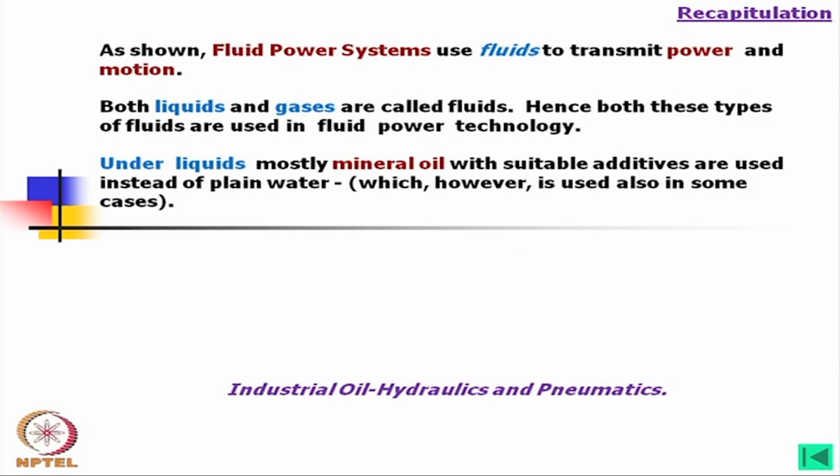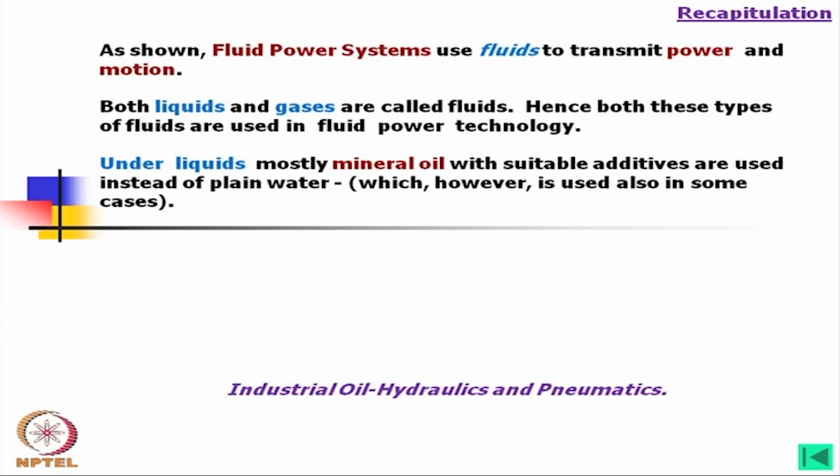Under liquids, mostly mineral oil with suitable additives is used instead of plain water, which however is also used in some cases. Nowadays, in many systems we prefer water, and with some additives, that water also gives very good performance.